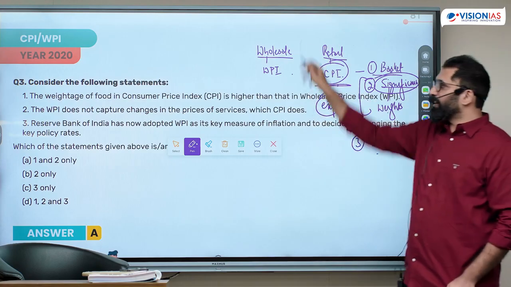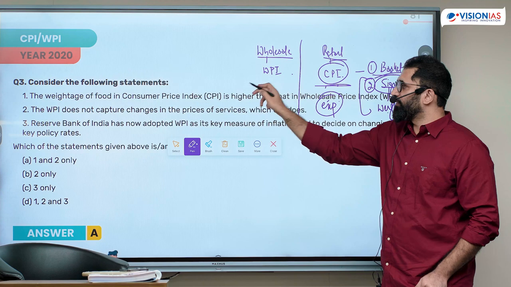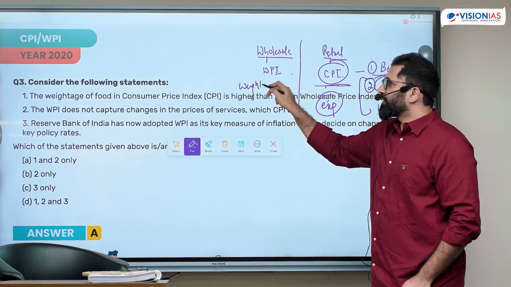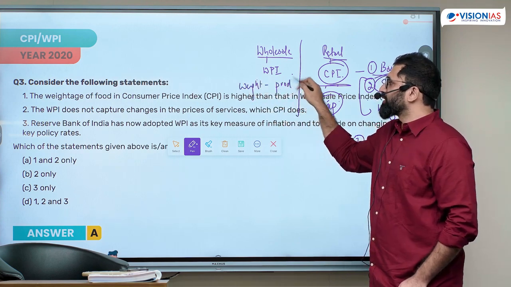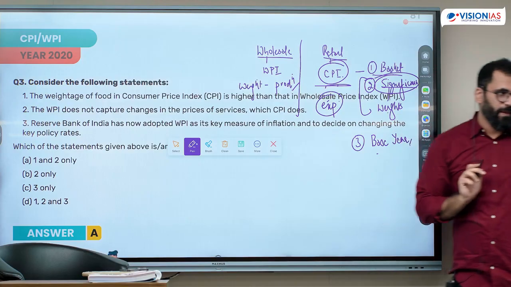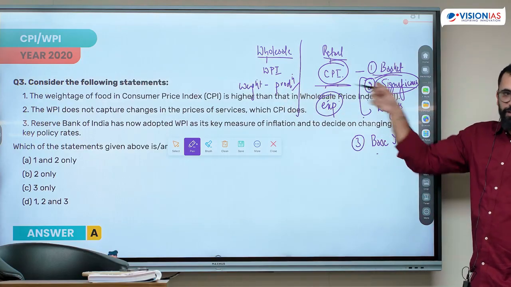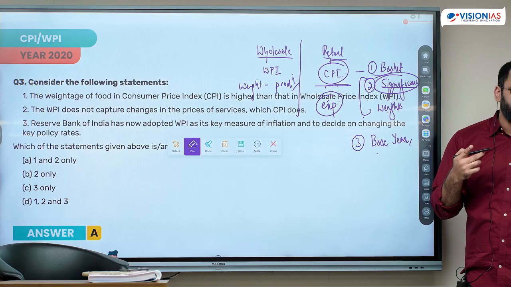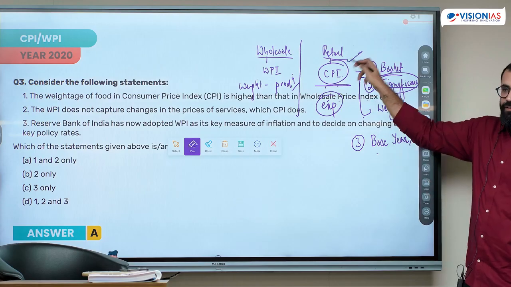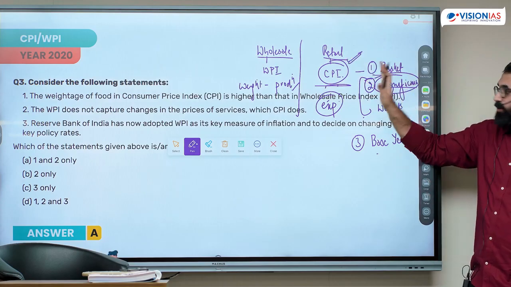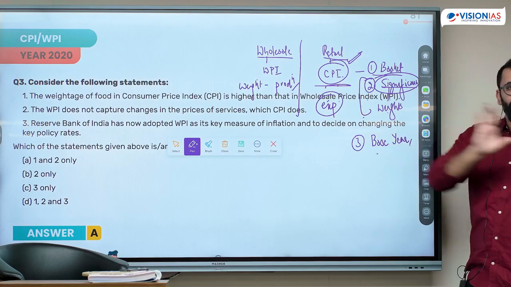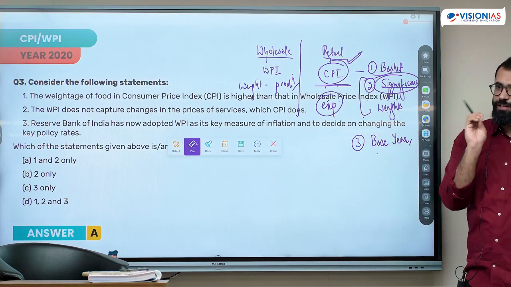Now if I calculate at the wholesale level, in order to assign weight, I assign weight based on how much the production level is. Now for food production and for food usage, where will the weight be higher? If you know the basics of measurement, you don't have to learn the numbers.